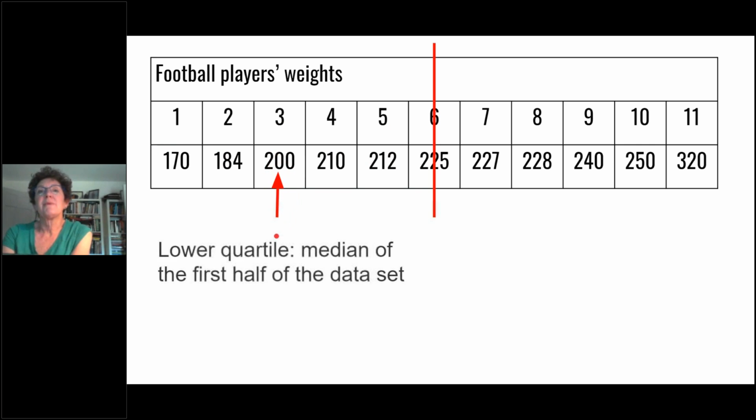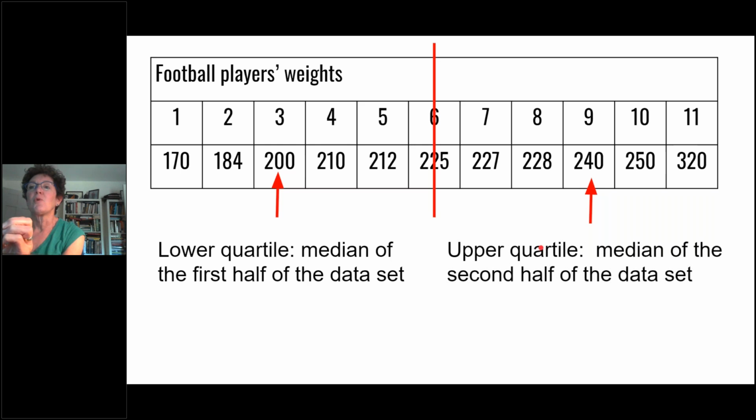Its official name is called the lower quartile because it designates that 1/4 or 25% of the numbers are below that and 75% are above. Well, if this is the lower quartile, we can imagine what this might be called: the upper quartile, and that's the median of the second half of the data set.